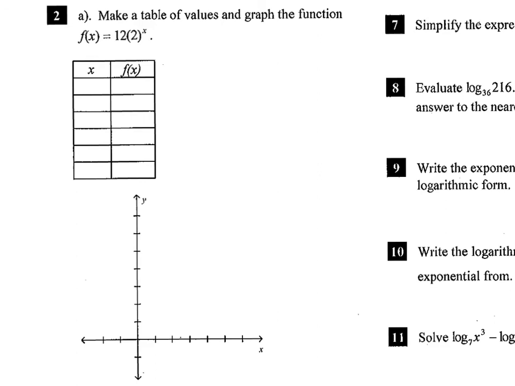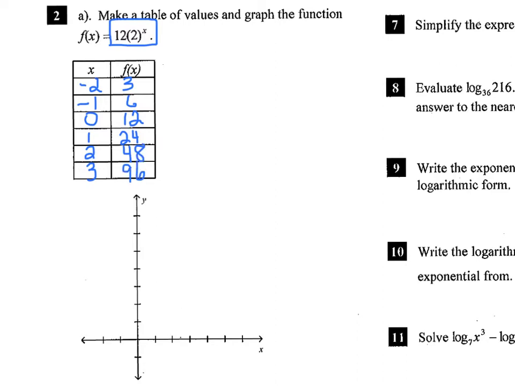For number 2, you need to go to y equals, type that equation in exactly as you see it, and then copy down the numbers next to -2, -1, 0, 1, 2, and 3. So it looks like the numbers will go like this, 24, 48, and then 96.